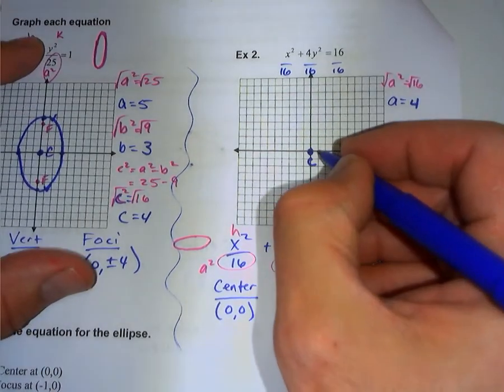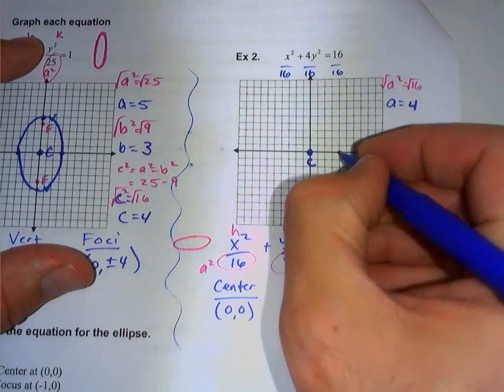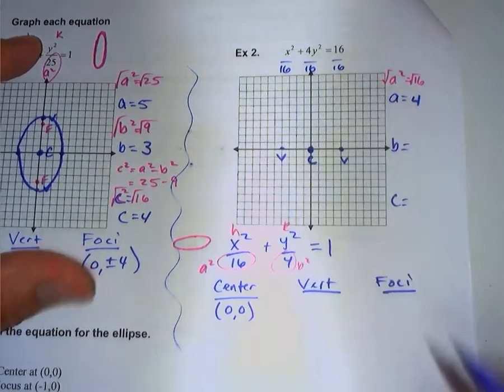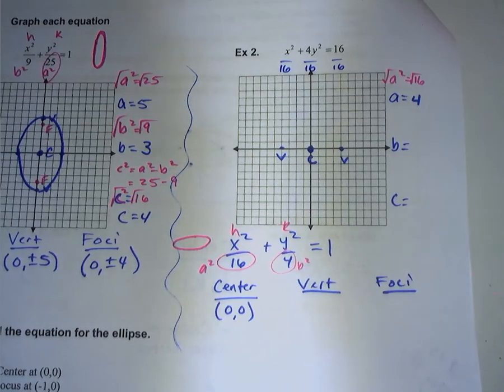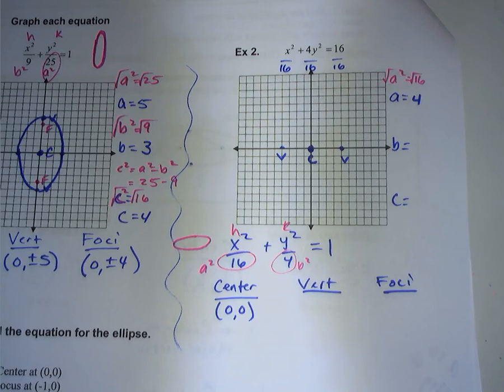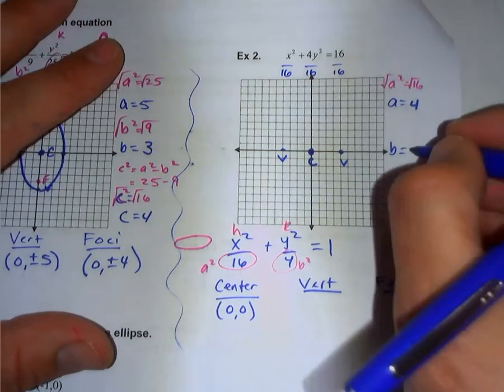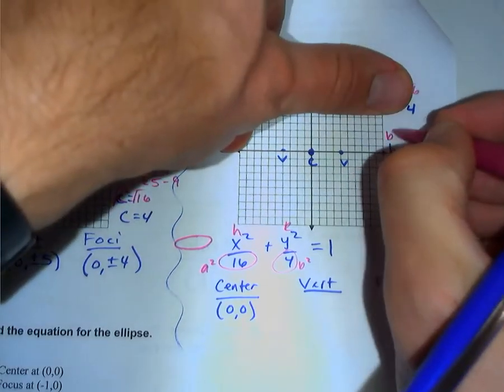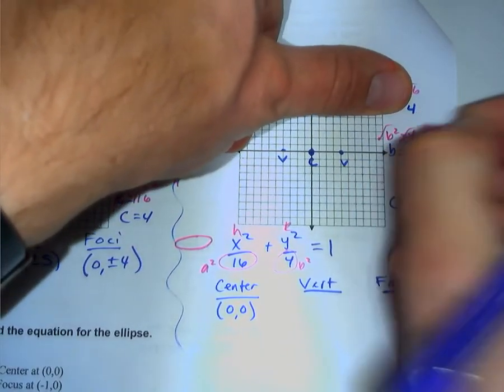So nice job, Dig. 1, 2, 3, 4. There's one vertex. 1, 2, 3, 4. There's the other one. B. What's B? What do you got? Nick S., what do you got? Stephen? 2. Boom. Again, if you need to, set B squared equal to 4, and then square root it, and we get 2.